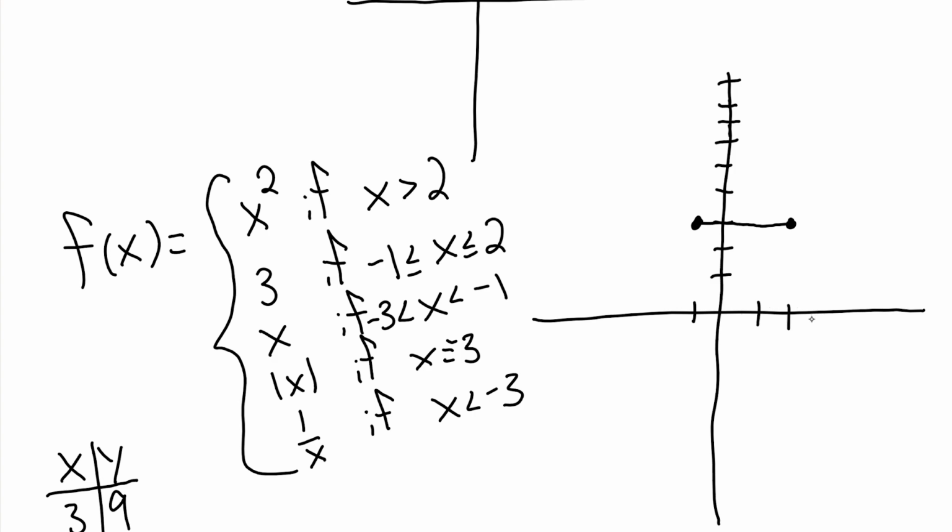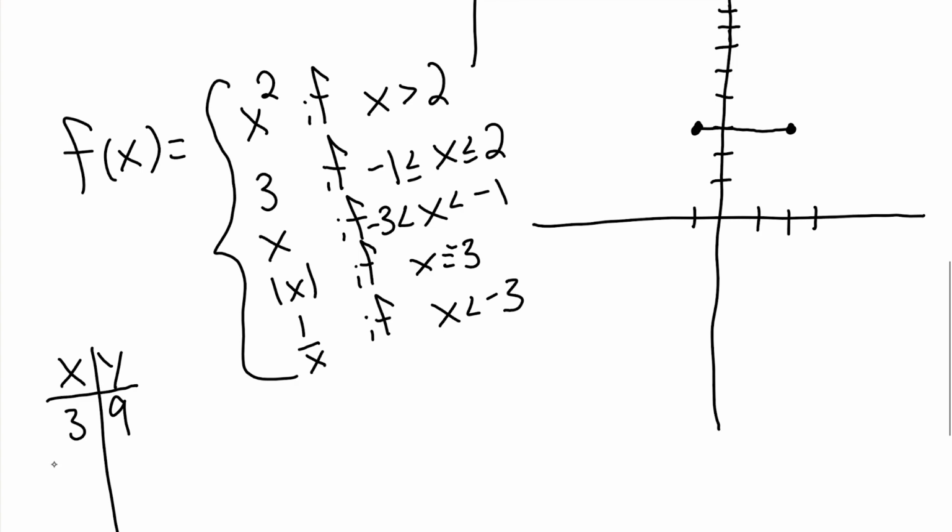Okay, so at 3, this is equal to 9. Now, again, on the x squared part, it's going to go all the way down to 2, but it's not actually going to touch 2. So it's still helpful to know what this limit is, right? So maybe you put in like 2 in quotes, where you're not actually putting in 2, but you're seeing where that x squared function is going to end up at, right? Which is 4.